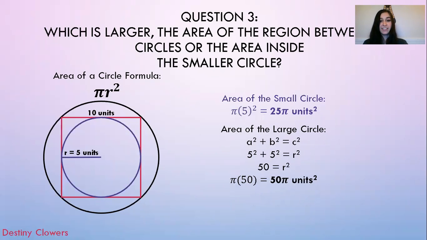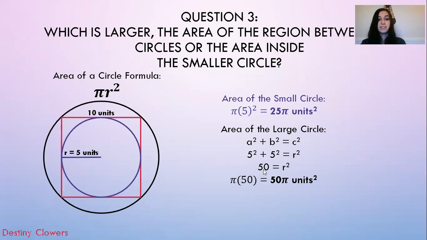Next, we've got to find the area of the large circle. And in order to do that, we've got to figure out the radius for this. Now, to find out the radius, we're going to do the Pythagorean theorem, which is a squared plus b squared equals c squared. And we know that our radius is 5, so we're going to just square that, and we're going to do 5 squared plus 5 squared equals r squared, so we can find the radius of the large circle.